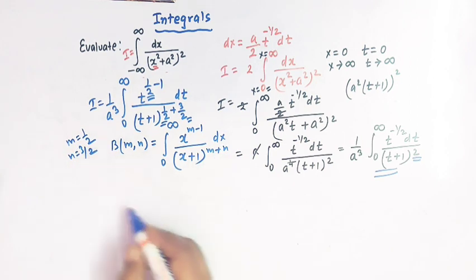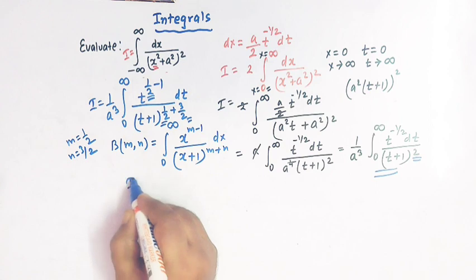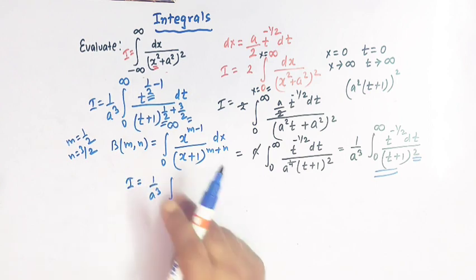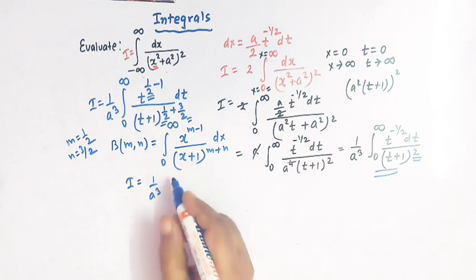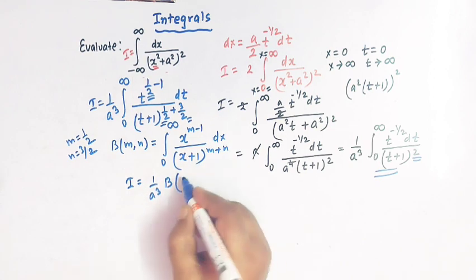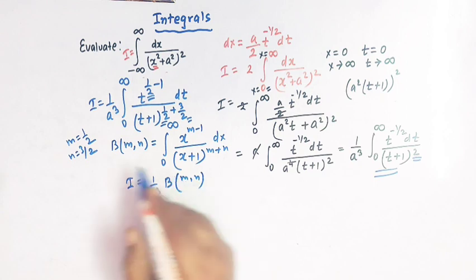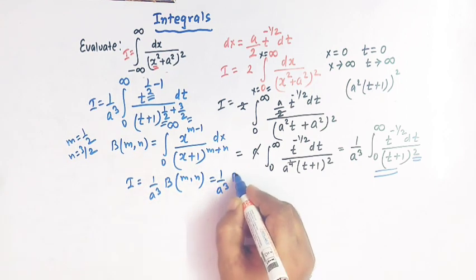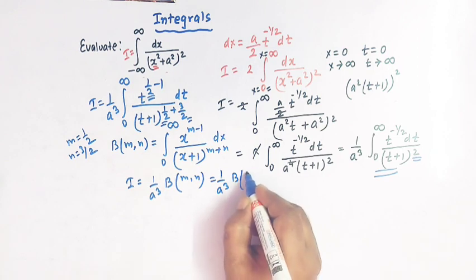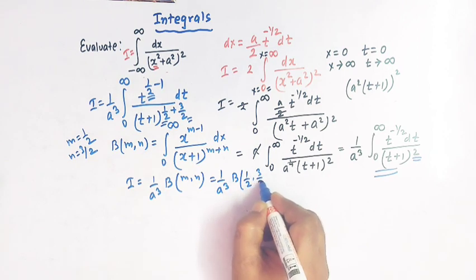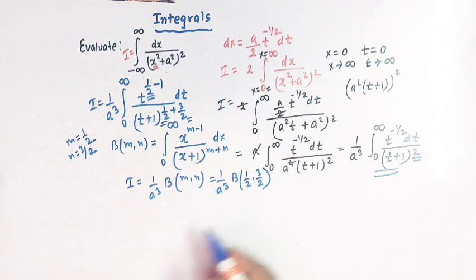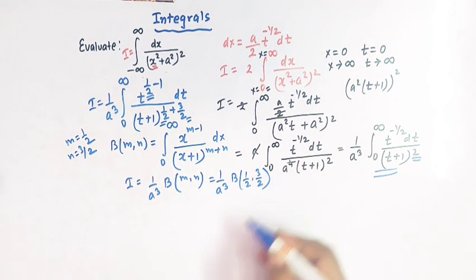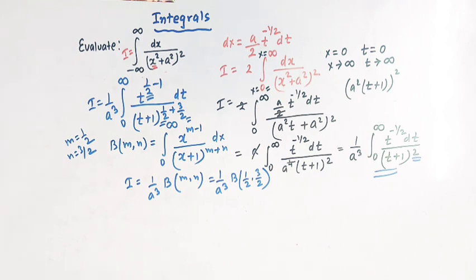So now this integral I can be written as 1 over a cube, and we have here beta of (m, n), and m is half, n is 3 by 2, so we have 1 over a cube times beta of (half, 3 by 2), right? So now we have to calculate the value of beta(half, 3 by 2).